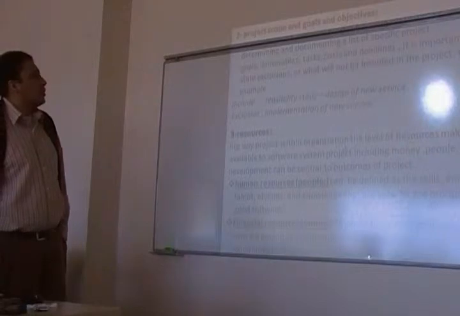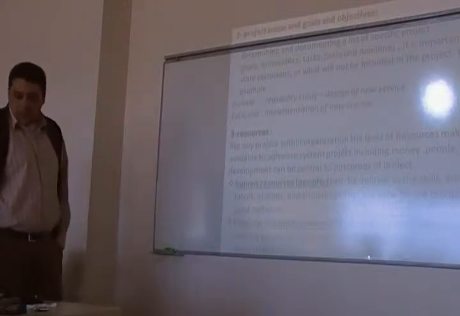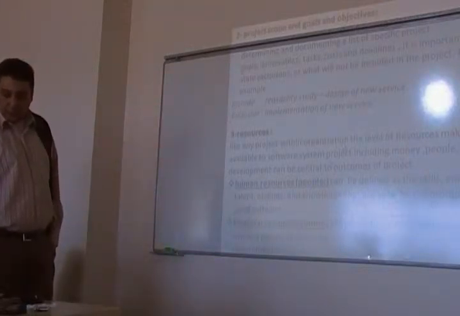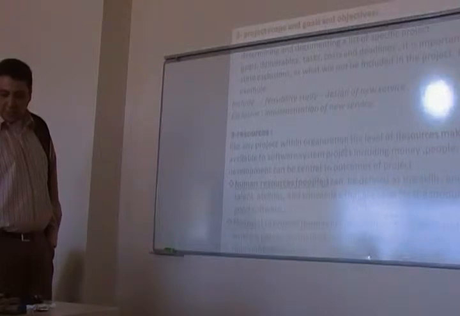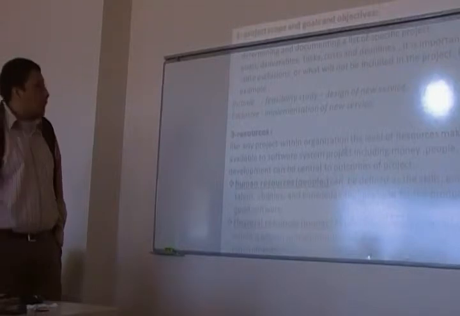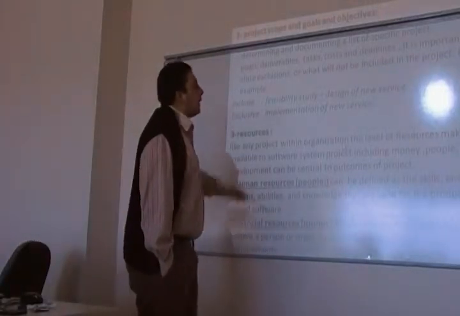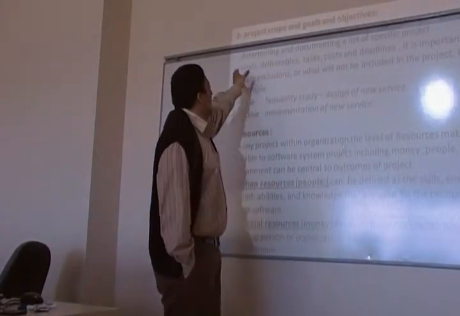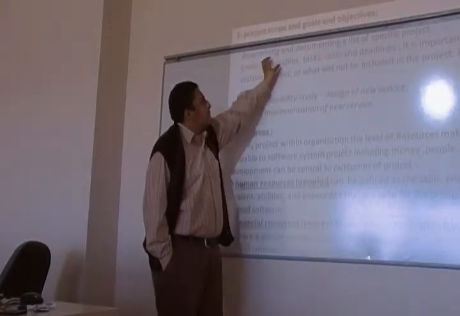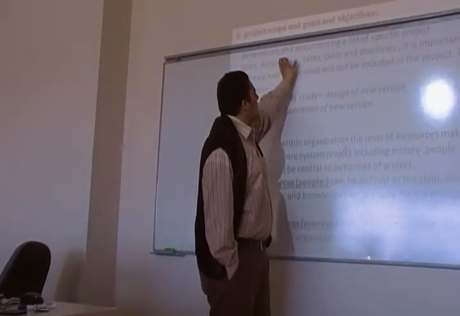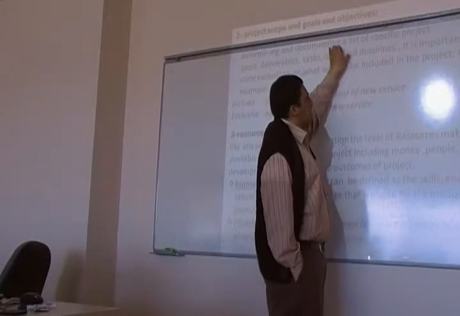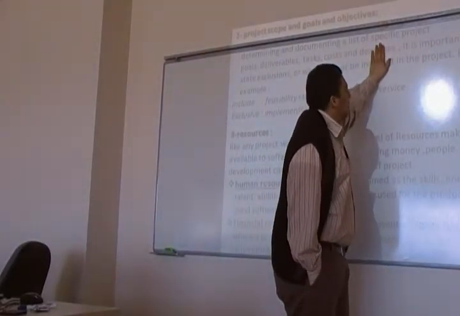Project scope and goals and objectives. Project scope is the part of project planning that involves the determination and listing of project elements such as goals, developers, tasks, and deadlines for the schedule.